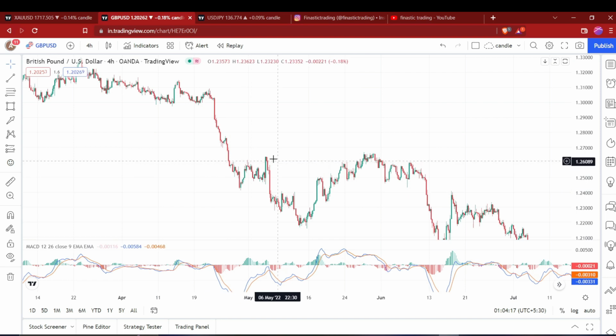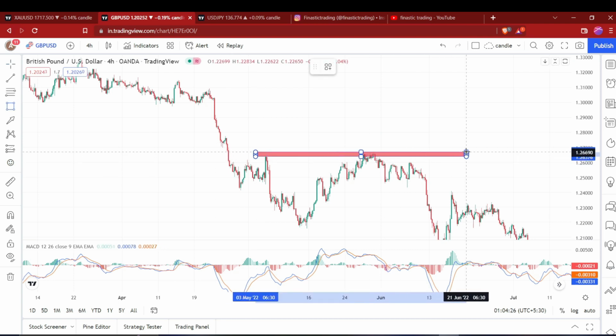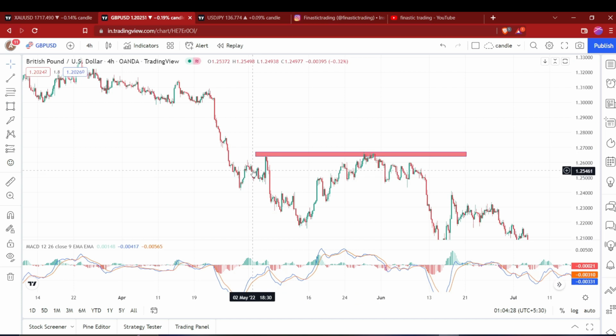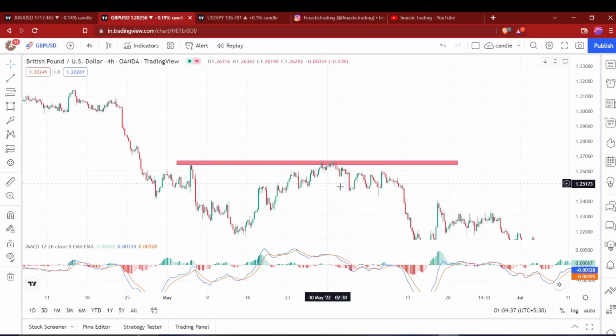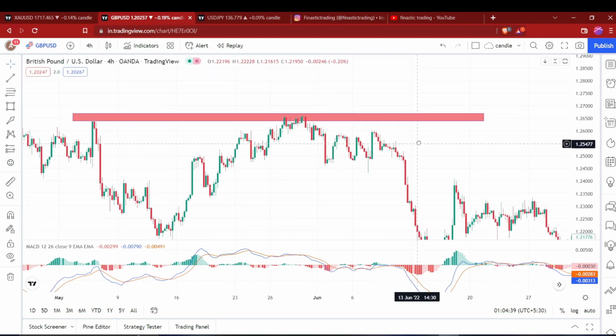So as you can see over here, this point has resisted the market once. So this is my potential resistance. I'll just mark it. And now the third step is to wait for the market to reach the key level again. So I found a key level and now I'm waiting for the price to reach it.